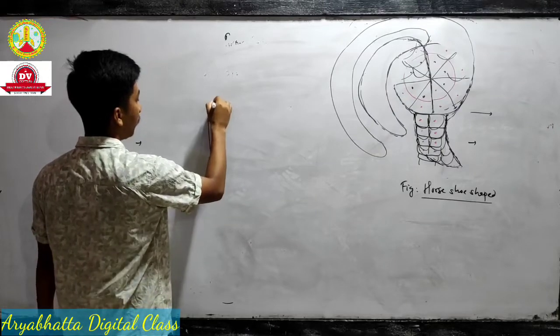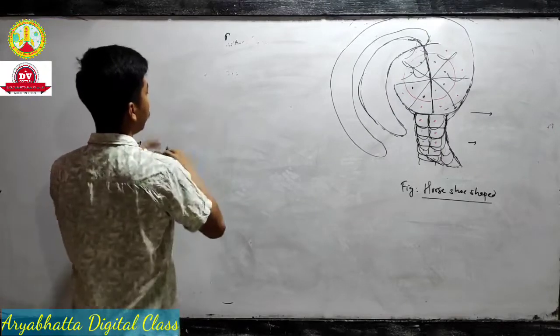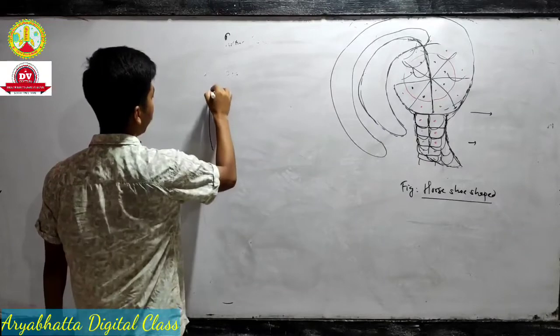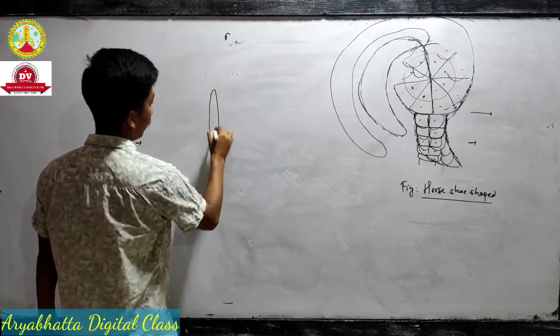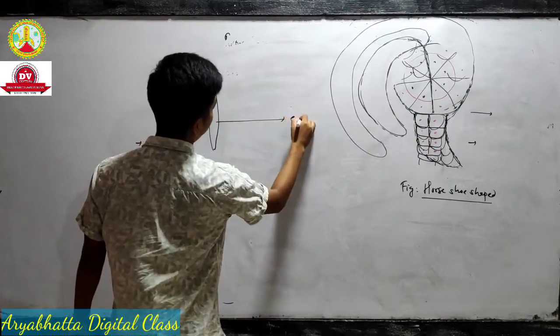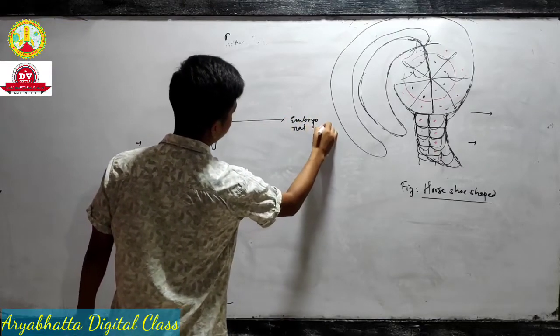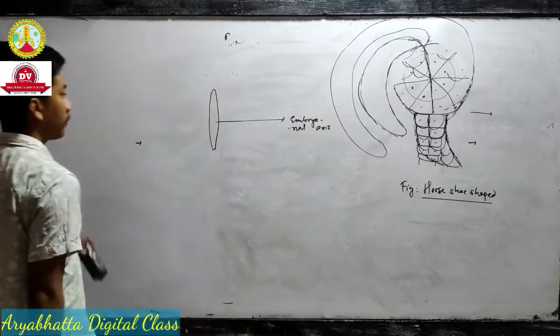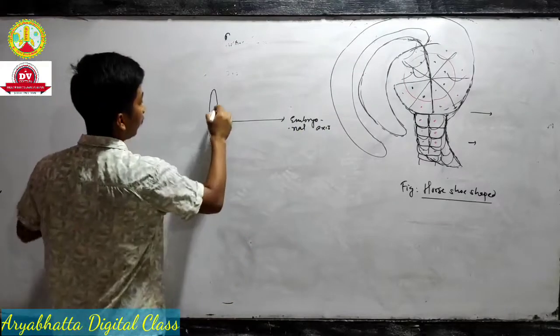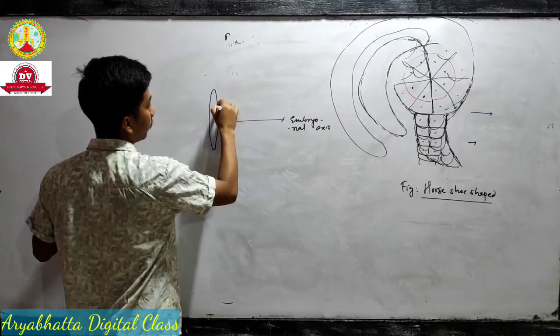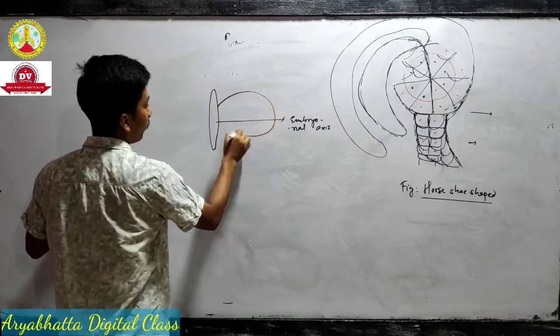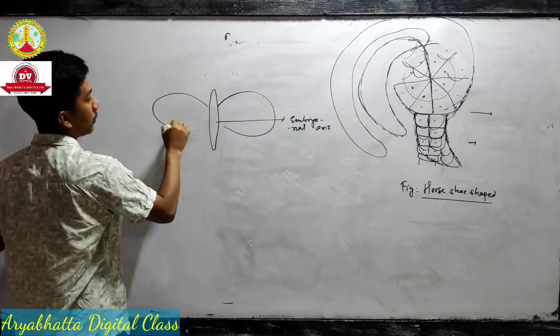It has a middle region known as the embryonal axis. And since we are discussing the dicot embryo, we have first one cotyledon, then another cotyledon.